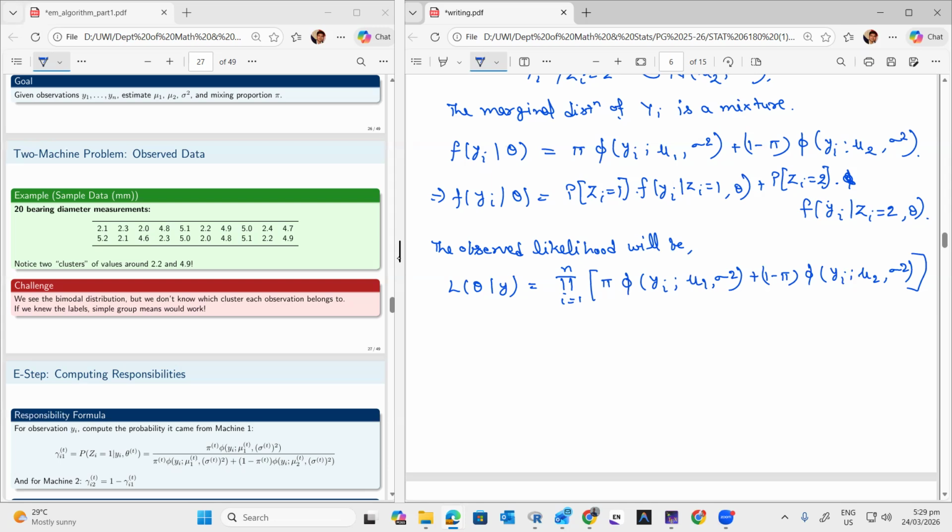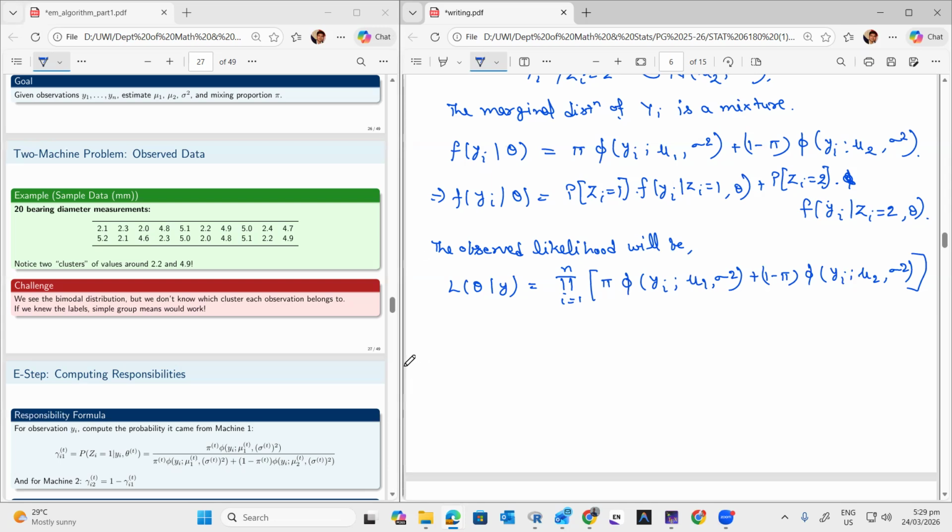So in the EM algorithm, we compute the expected component membership probabilities given the current parameter values, and maximize the expected complete data log likelihood using those probabilities.